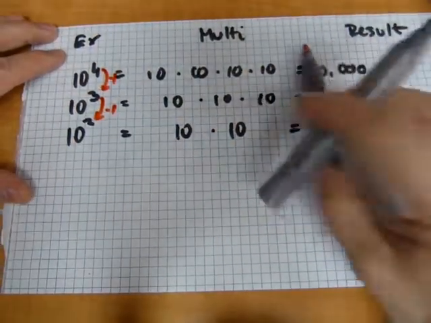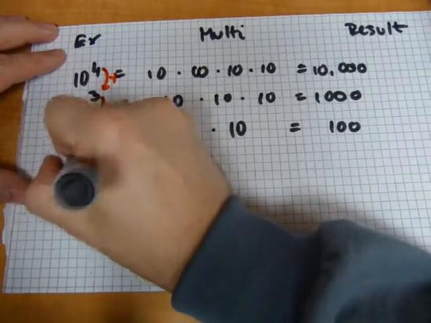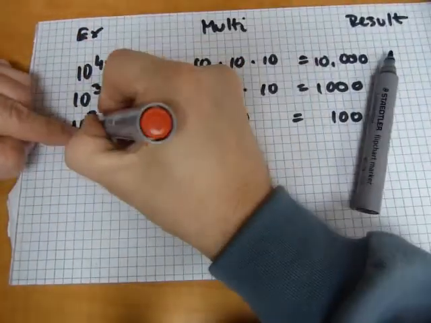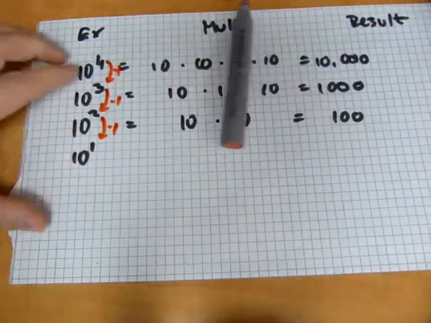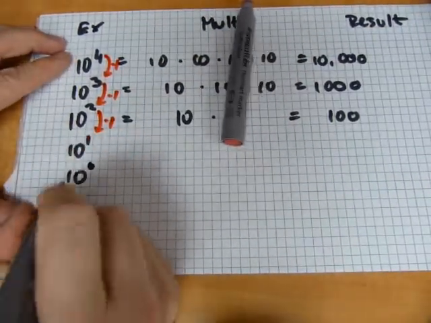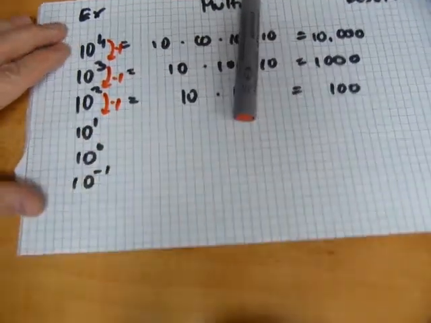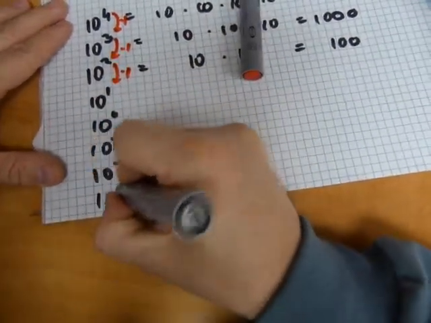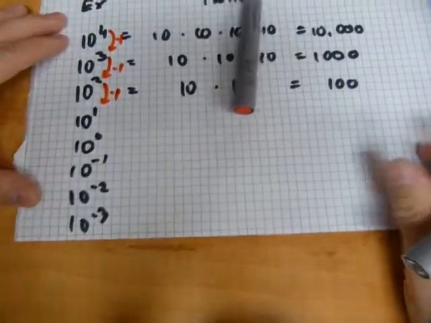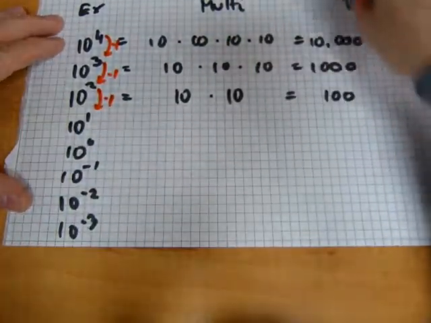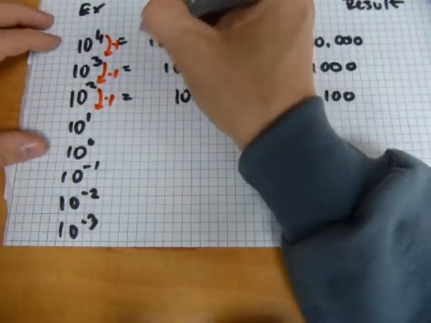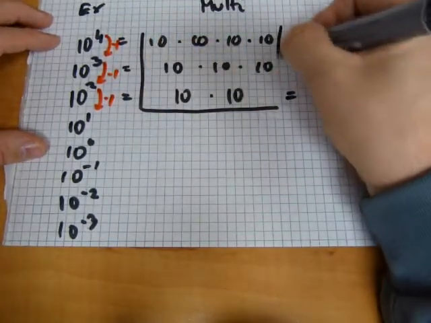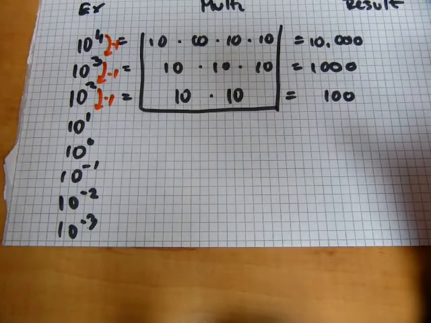The next exponent number will be 10 to the power of 1, because we're subtracting 1. The next will be 10 to the power of 0, 10 to the power of negative 1, 10 to the power of negative 2, and 10 to the power of negative 3. Likewise, as before, the multiplicative expanded form explanation ends here.